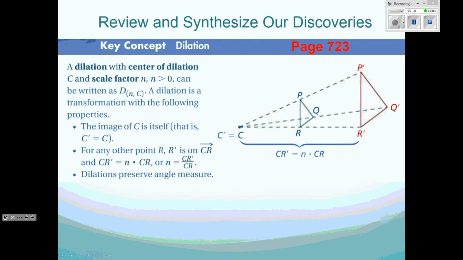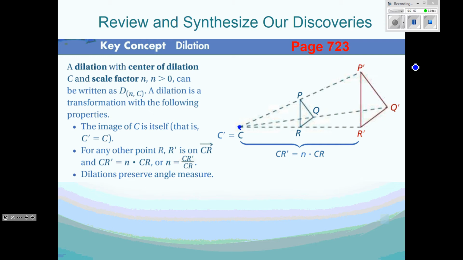All right. So a couple of things that we should write down someplace. You can do it on your graph paper or any place else if you want to. A dilation might look something like this. We have our triangle right here. This is our center of dilation. This distance from C to R and this distance from C to R prime are how we can help determine our scale factor, which we'll get into in a moment.